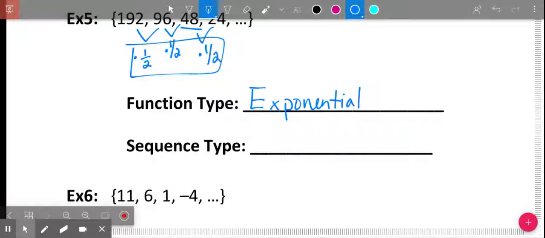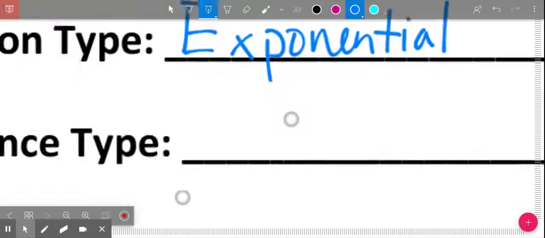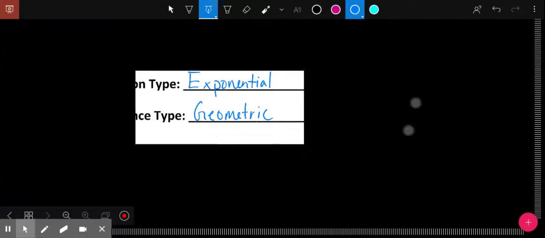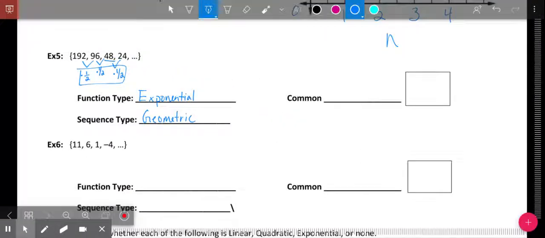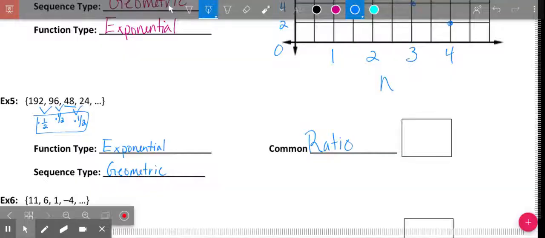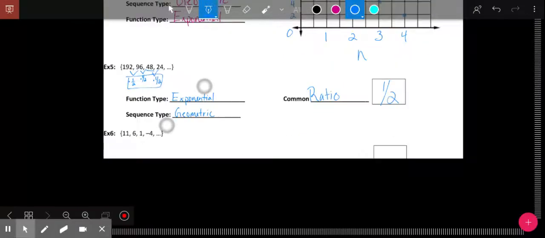And then the sequence type that goes with exponential is always going to be geometric. Now, since I am multiplying, that is a common ratio. And if I look at my pattern, the common ratio was 1/2. Alrighty.